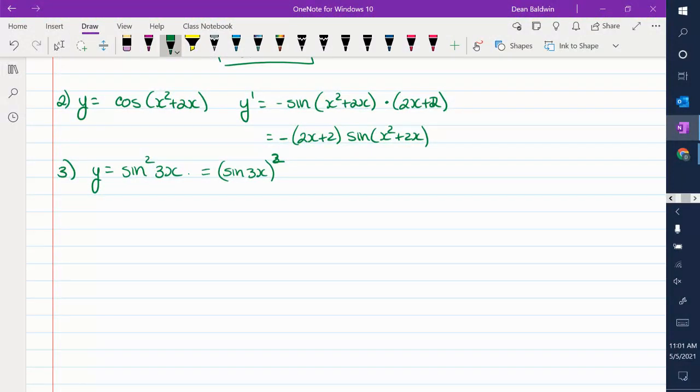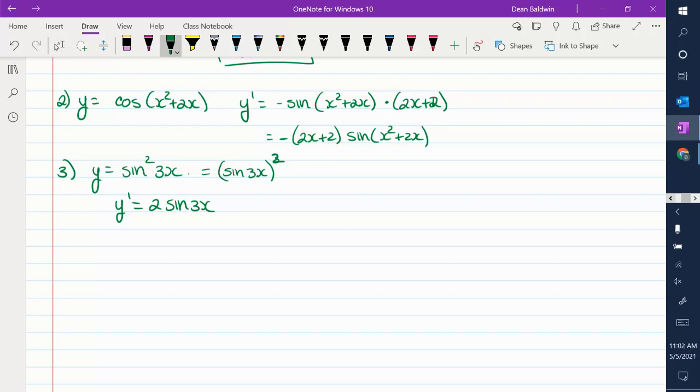All right? So you start with the outside function. What's the outside function? It's the squared. So the 2 falls down. Take 1 away from it, so I'm left with 1. I can just write that.